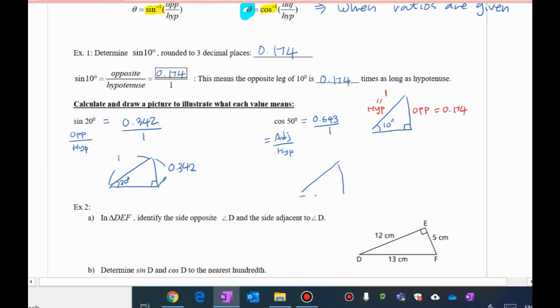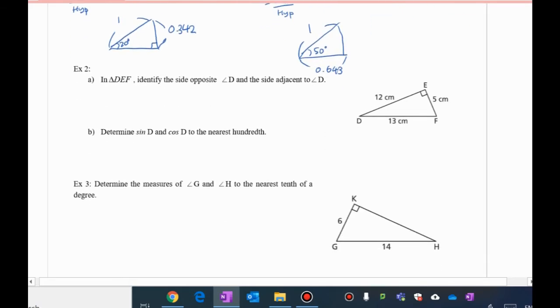When you have a triangle with 50-degree, adjacent is here. Adjacent is 0.643 centimeter and hypotenuse is 1 centimeter. So this is one of the triangles that can have cosine 50, the ratio of cosine 50, 0.643. Right? Okay, let's move on.